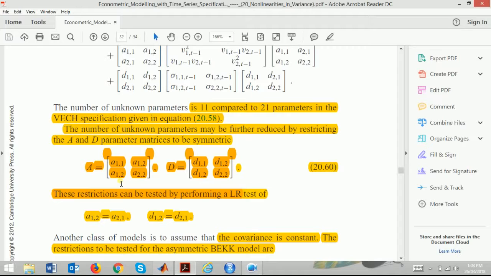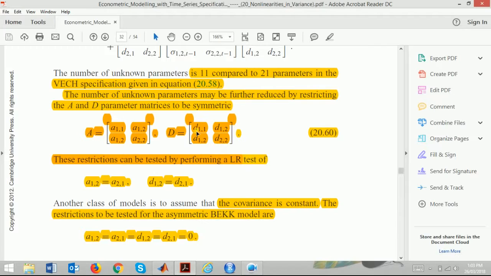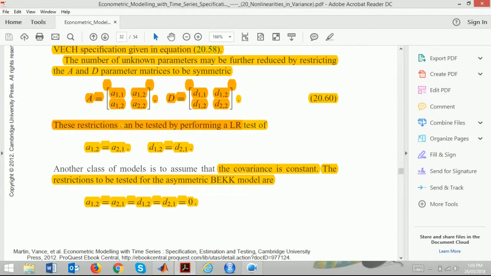If you don't have a symmetric matrix, where the off diagonal elements are different, you have 4 parameters. But generally we do an LR test, a likelihood ratio test, to see if the off diagonal elements are equal or not, whether they satisfy this or not.